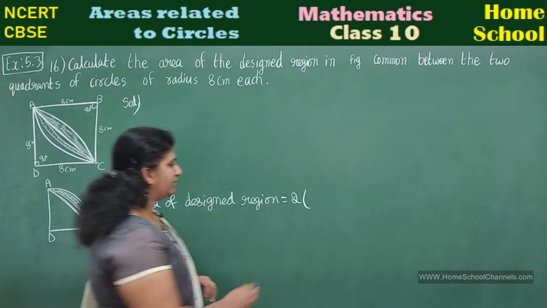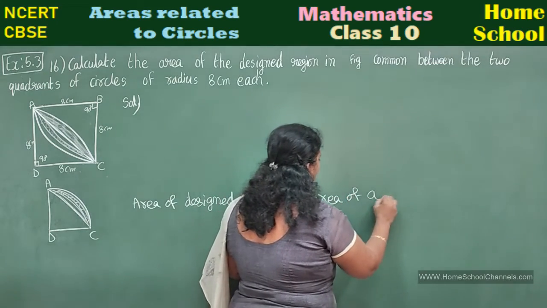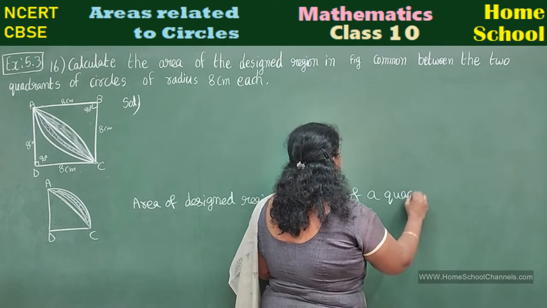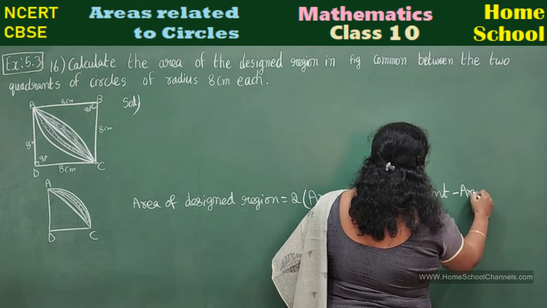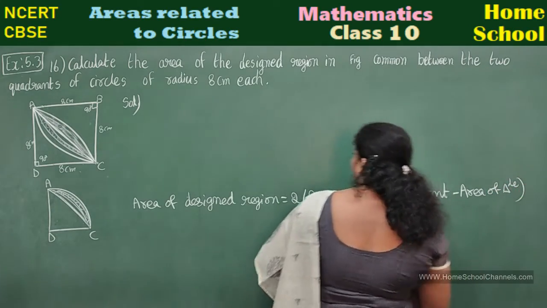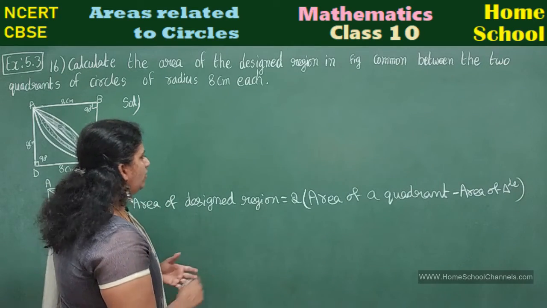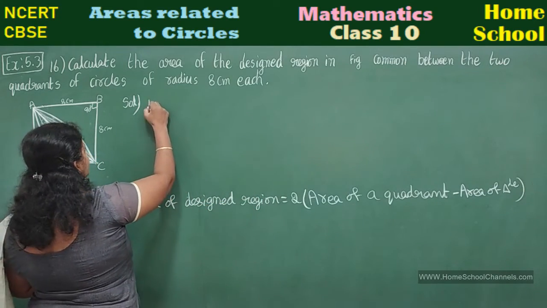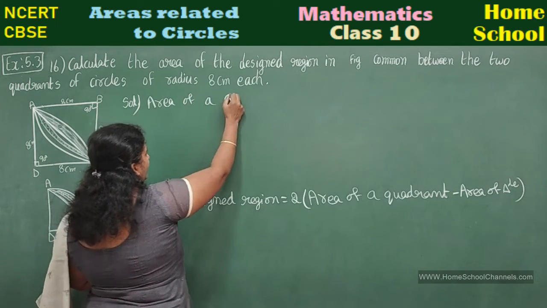Area of a quadrant, any quadrant you can take, subtract area of triangle. Any triangle you can take, either ADC or ABC. In order to find this, first let us find the area of a quadrant.